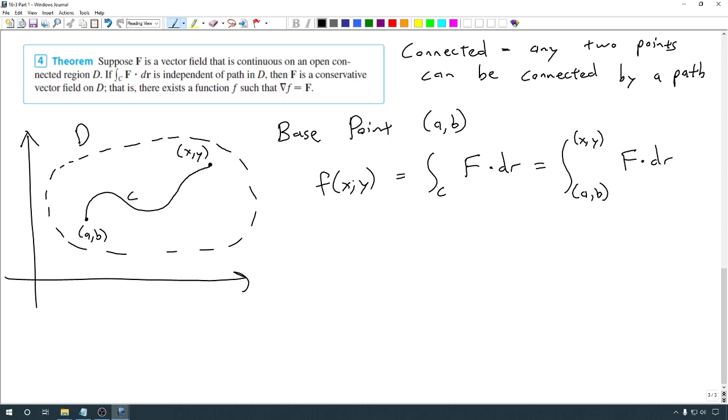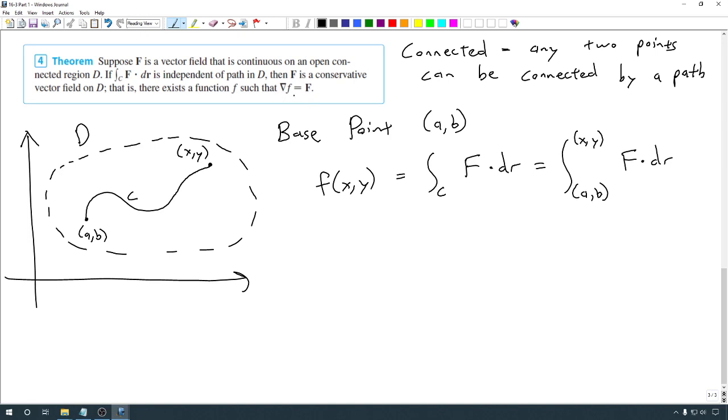And I'm going to claim here that this little f that we're defining is in fact a potential function for capital F. Now, it's not necessarily the only potential function possible. Obviously, if you add a constant to f before you take the derivatives to make the gradient, it's not going to change the result.